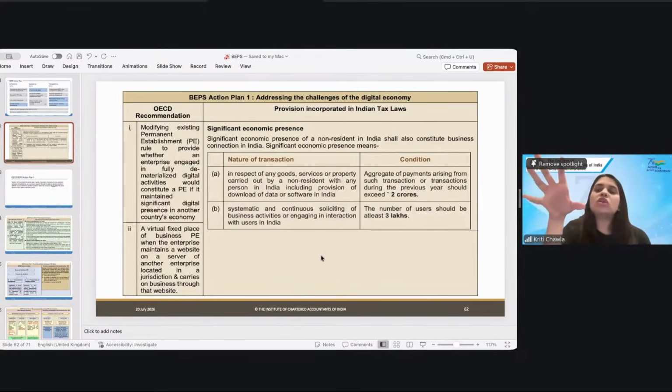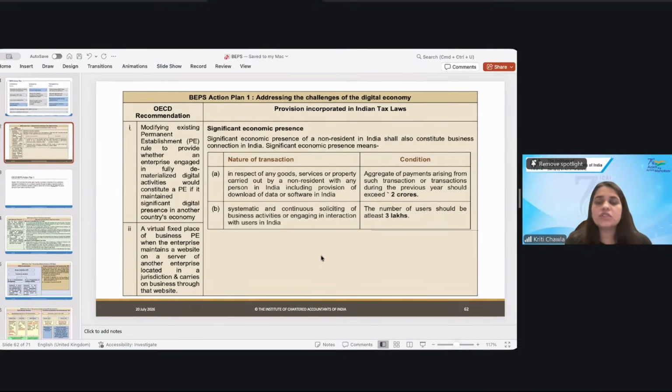So they came up with rules to address the challenges of the digital economy, to tax the digital economy basically. And this is where we have a two pillar solution, which is called pillar one and pillar two. This is something that we will be discussing at length in the next chapter, which is latest developments in international tax law.